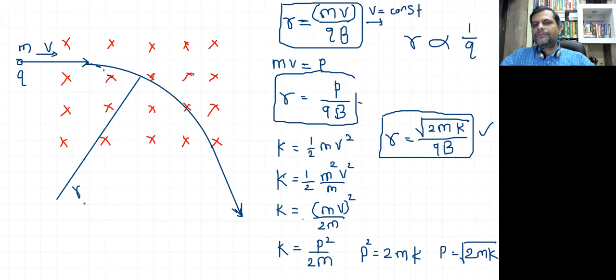Sorry, velocity constant होने से the radius will depend on the ratio of mass to charge, because normally magnetic induction in which all the particles are fired is going to be the same only.